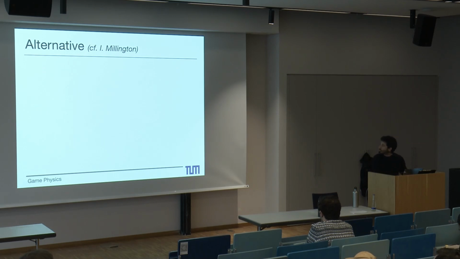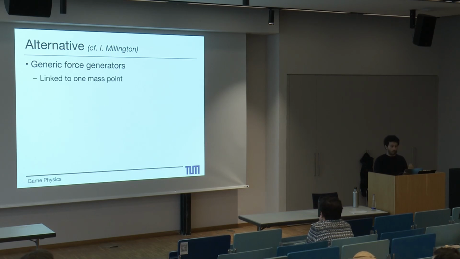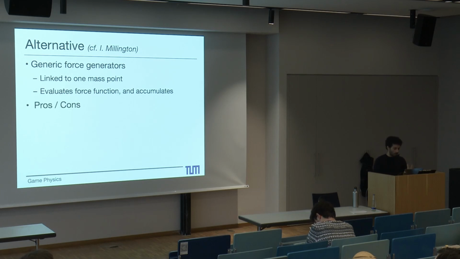Alternatively, as mentioned in the book and possibly suggested in the first lecture, we can implement generic force generators, which are linked to a single mass point, and then by evaluating the force function we can accumulate forces in the same way that we have described before. A pro is that the interface of the generator is simpler and more straightforward.